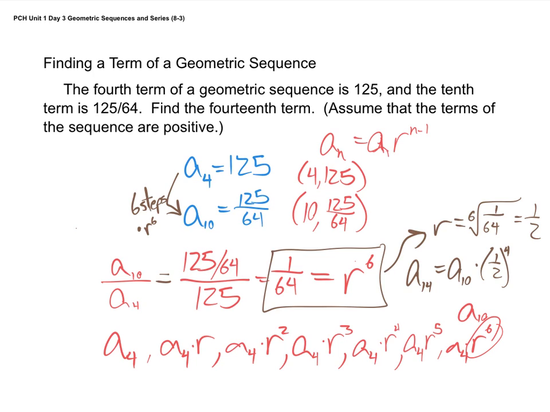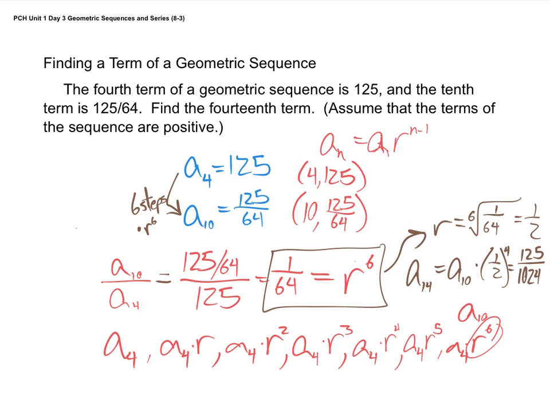And then that ends up being 125 over 64 times 1/16. 64 times 16. 256, is it 1024? Yeah, it is. 1024. Okay.